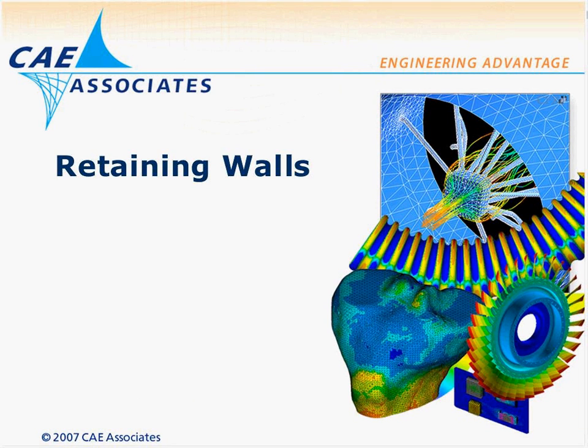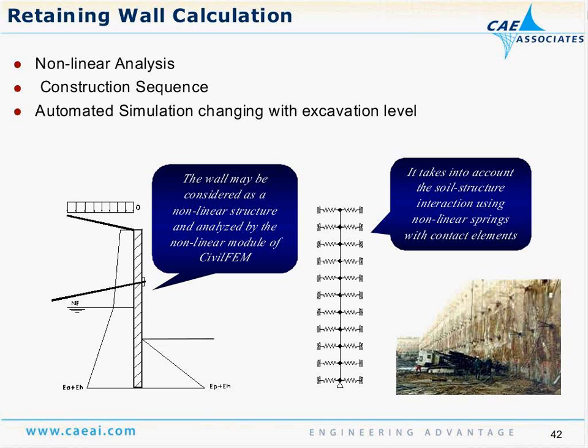Moving on to retaining walls. The retaining wall calculation is automated in CivilFEM. They can be 1D, 2D, 3D type simulations. The simulation will step through the construction sequence. CivilFEM takes advantage of all the nonlinear analysis capabilities in ANSYS, so it can do automated birth and death.